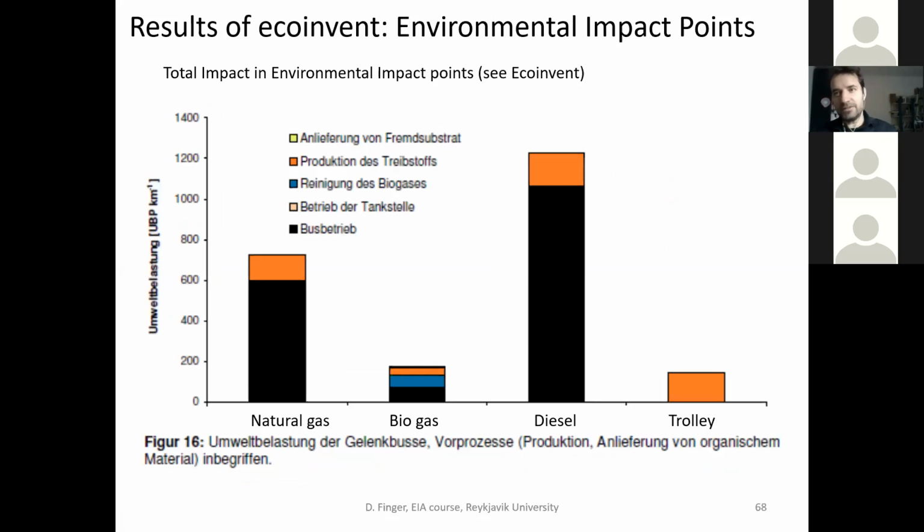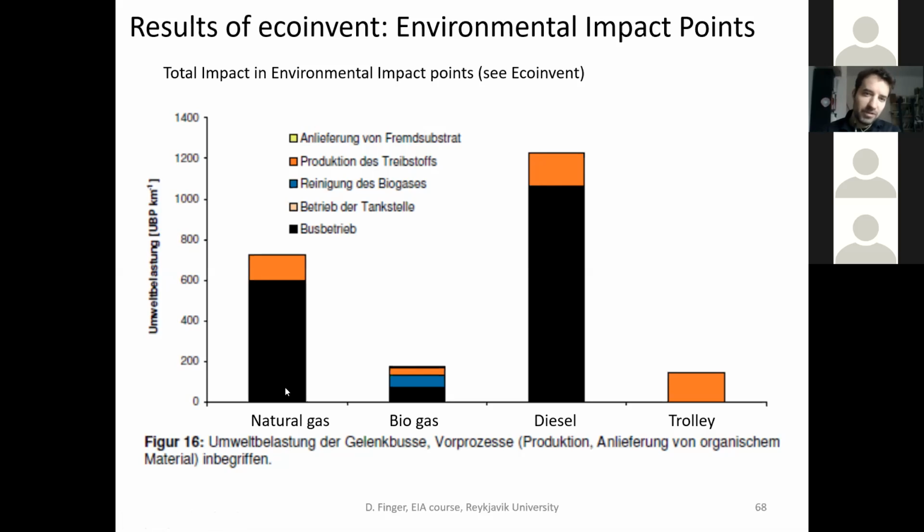But you saw that the buses also create other emissions like nitrogen oxides and volatile organic compounds. So you can include this in EcoInvent and come up with total environmental impact points, and then you can compare it. The natural gas bus, because it has a lot less nitrogen oxide emissions, has a significantly lower impact than the diesel buses. So this is the difference between the environmental impact, or the ecological footprint, and the carbon footprint.